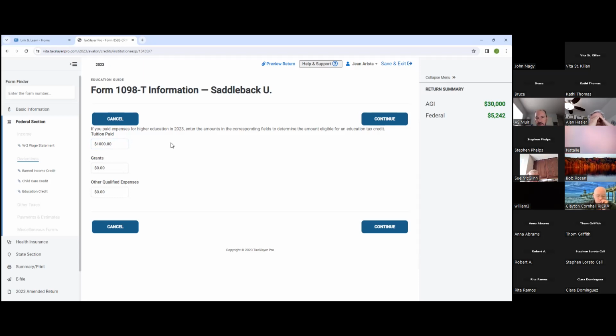And I would make an argument that if you go to college and you're taking this lifetime learning credit and you're taking a class, whether it's art history or chemical engineering, and let's say you are a tax person, you're acquiring new skills. And so anyway, tuition paid of $1,000 out of pocket, and there's no information regarding grants.